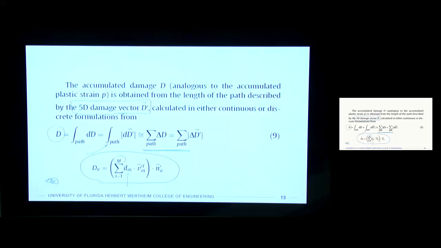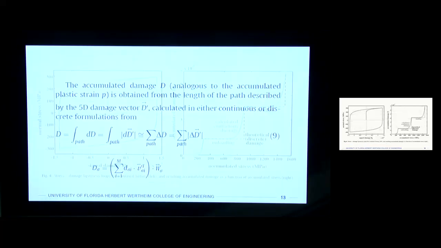And so they sum all of those dimensions, and for a particular stress over some length of time, that comes up with this D sigma, this accumulated damage. And so the details of that are out of scope of this class, but that's what they have come up with.